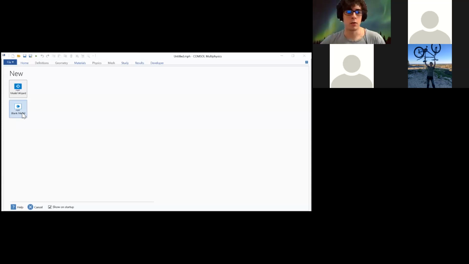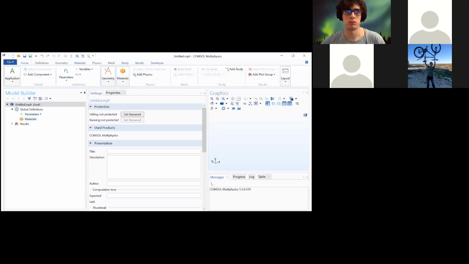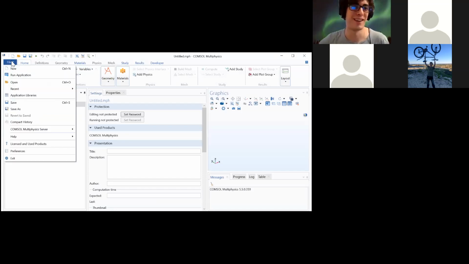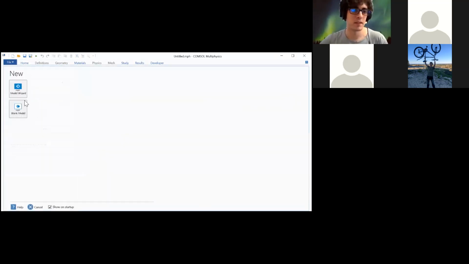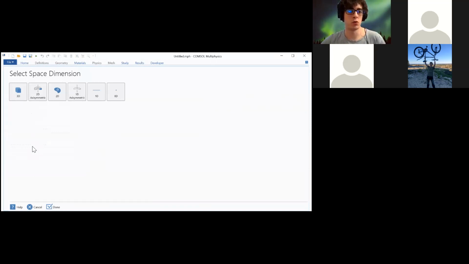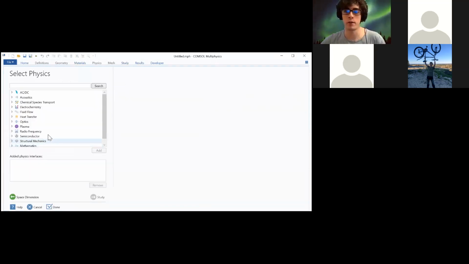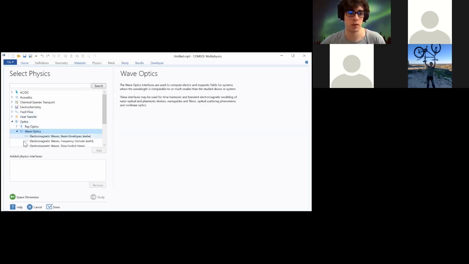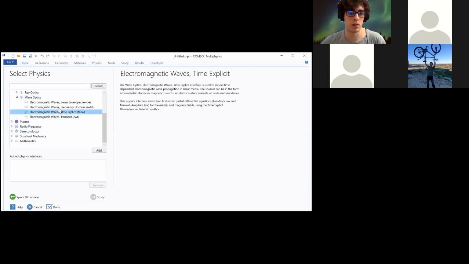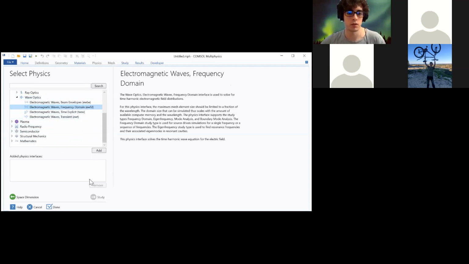Okay. So let's start with, okay, maybe not with a blank model. So we will do a 3D. I guess you're very familiar with COMSOL already, so I will just go very fast at the beginning. Let me just do wave optics, typical frequency domain.